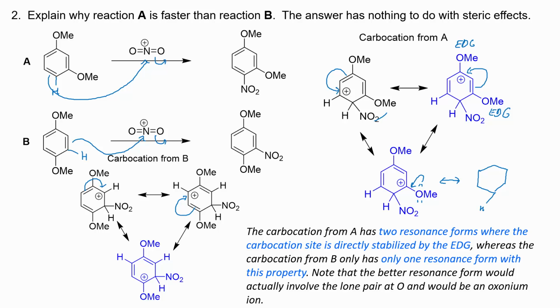So H and O2, and we're going to have a carbon-oxygen double bond right there. That would actually be the best carbocation resonance form you could draw, and you could draw a similar one for the other one.